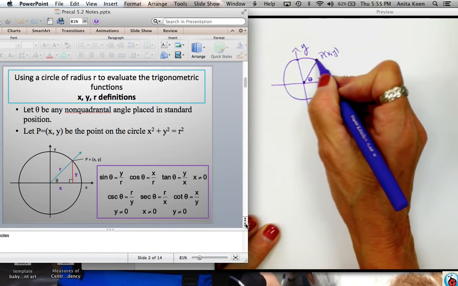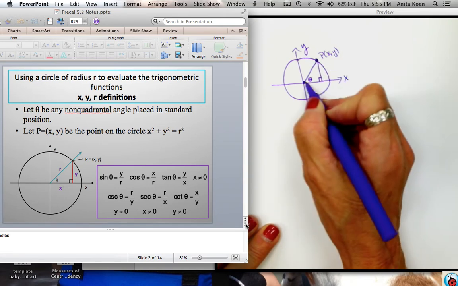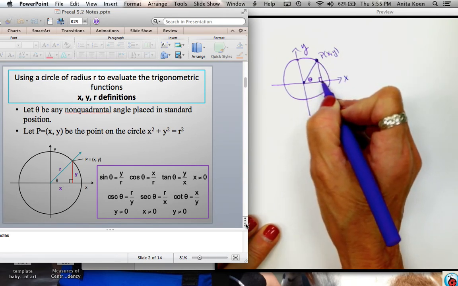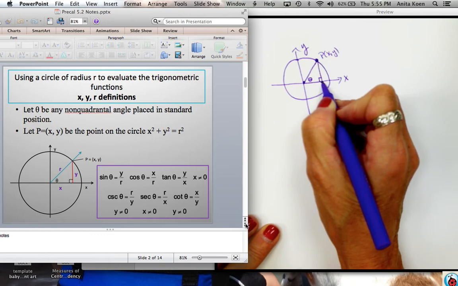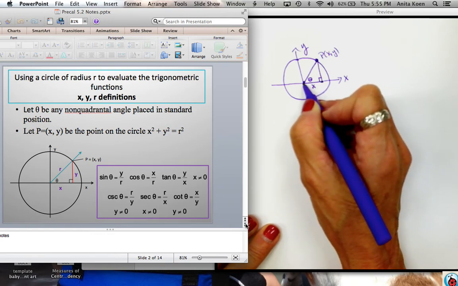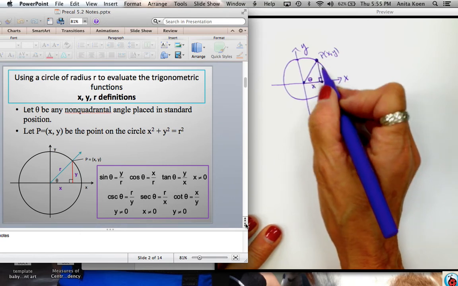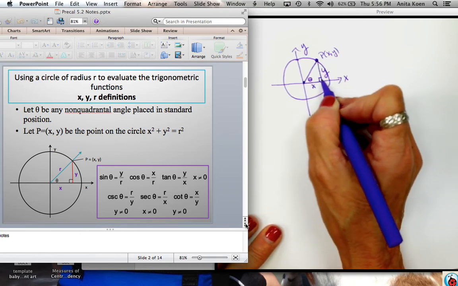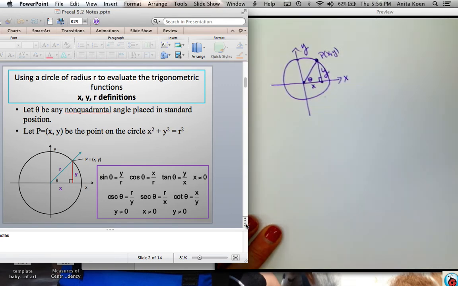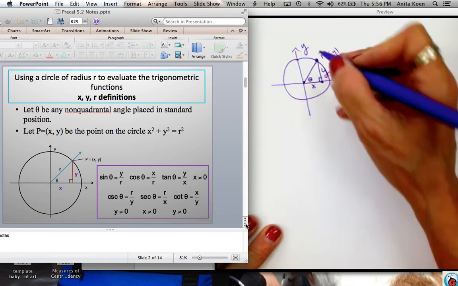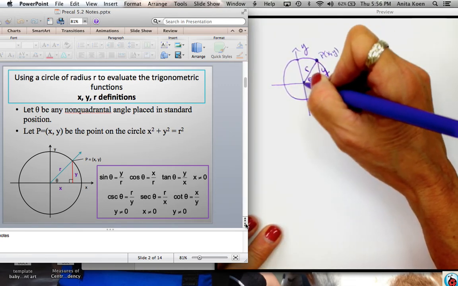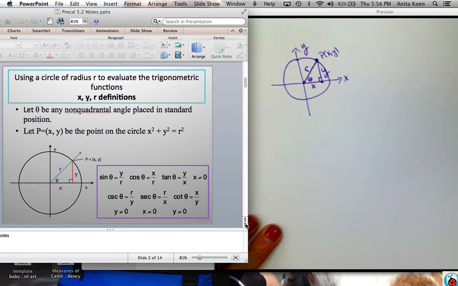Now, if this point is point xy, then the distance from the origin to the right angle is going to be x, because we're going to go over x, and then the distance from here to the point is going to be y, because we're going to go up y units. Now, our radius of the circle we're going to call r.